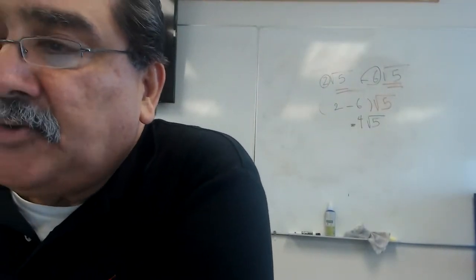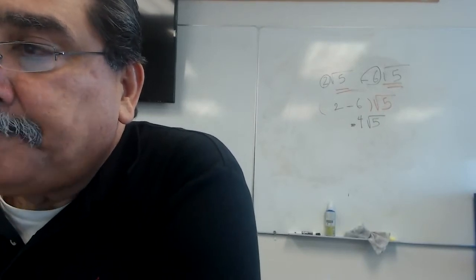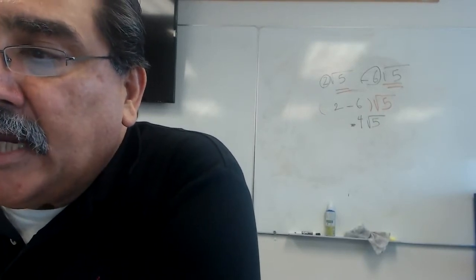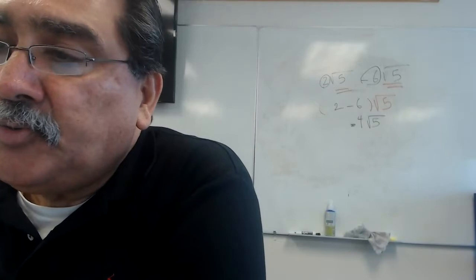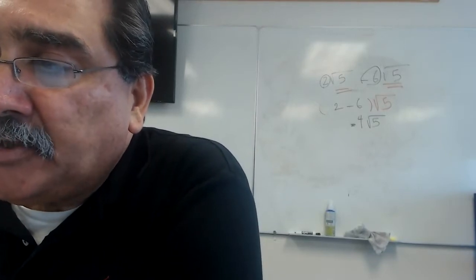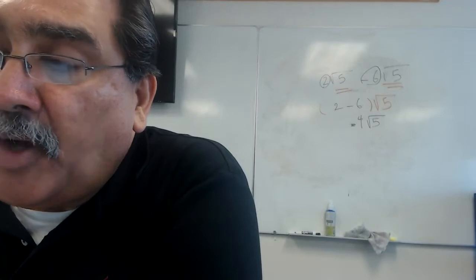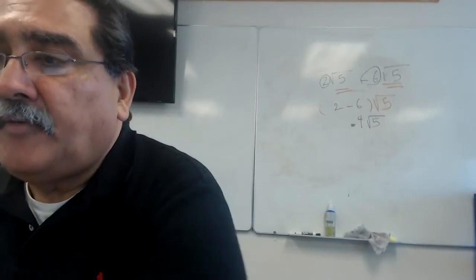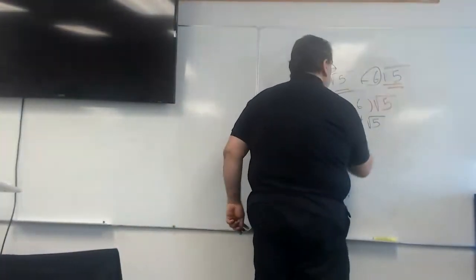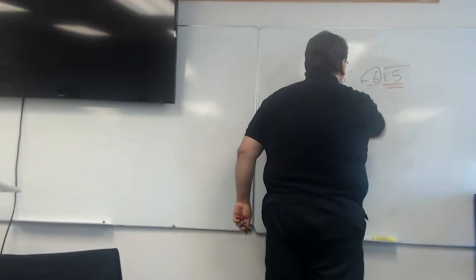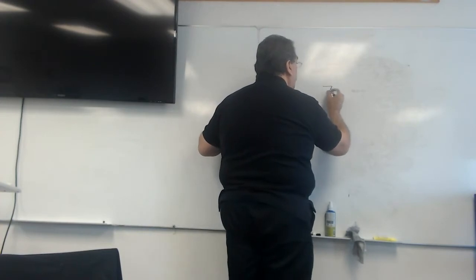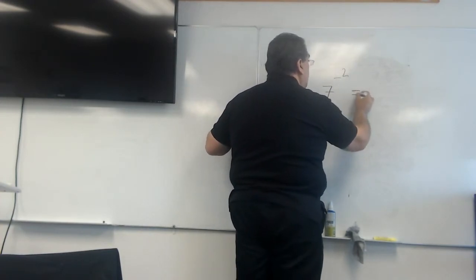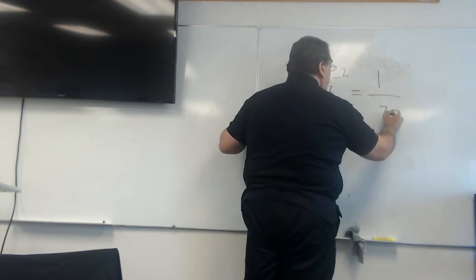Any number to the power of 0 is equal to 1. If you have a number to a negative power, that number goes to the denominator of a fraction, the numerator is 1, with the power positive. For example, if I have 7 to the power of minus 2, this is the same as 1 over 7 to the power of 2.